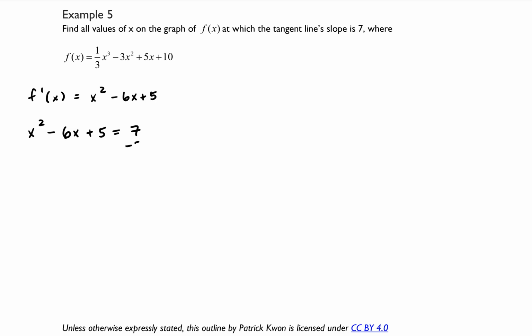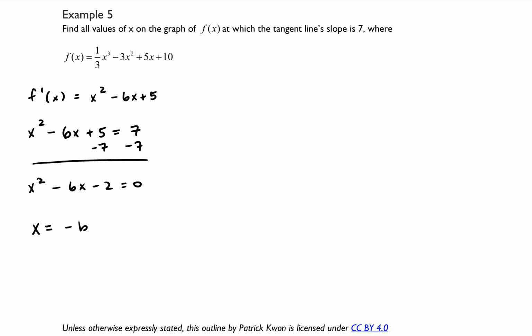I'm going to subtract 7 on both sides of the equation, and that will give us x squared minus 6x minus 2 is equal to 0. Now, that is not nicely factorable, so I'm going to use the other method that I referenced, which is the quadratic formula.